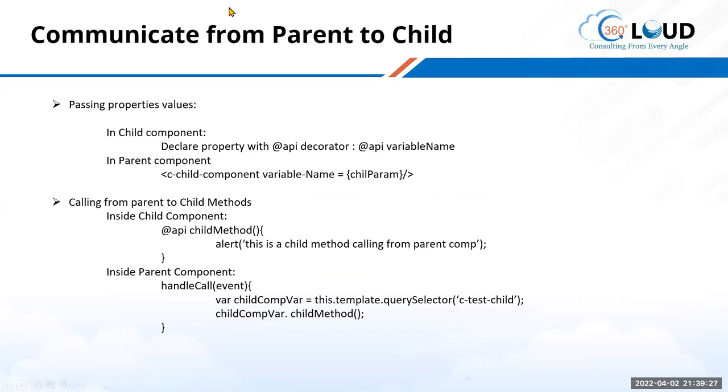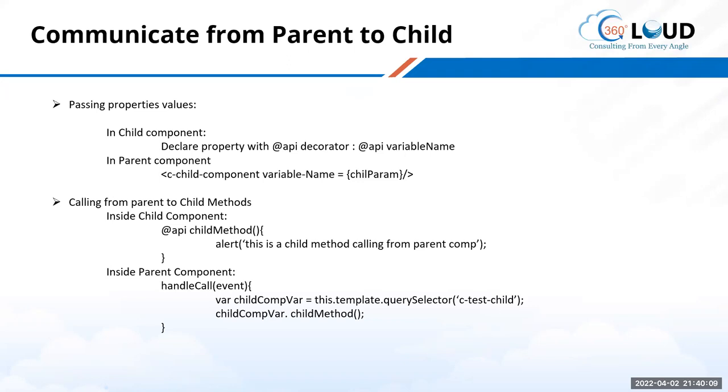In the parent to child communication, there is one decorator that I didn't mention. We discussed the decorators, we discussed the wire decorator. The third decorator was the API decorator, @api. So for communication from parent to child, we have to use the API decorator in the child component, right? Because we are passing data from the outer component to the inner component.